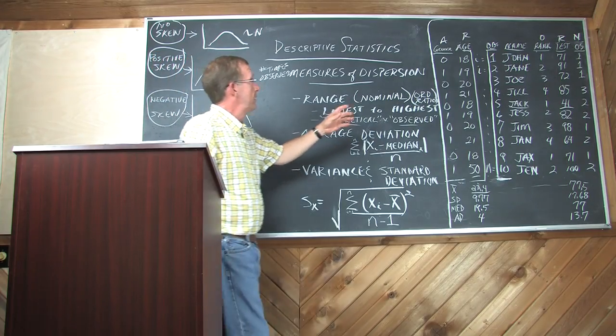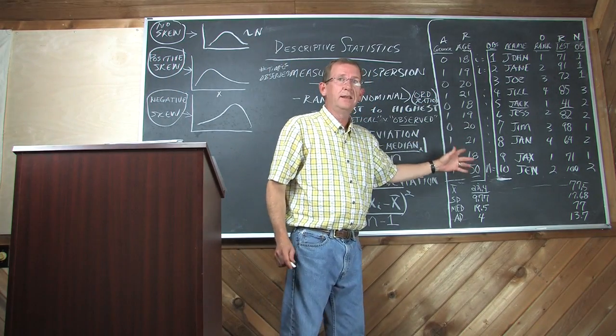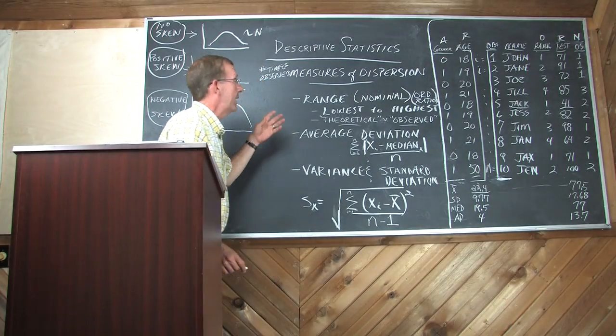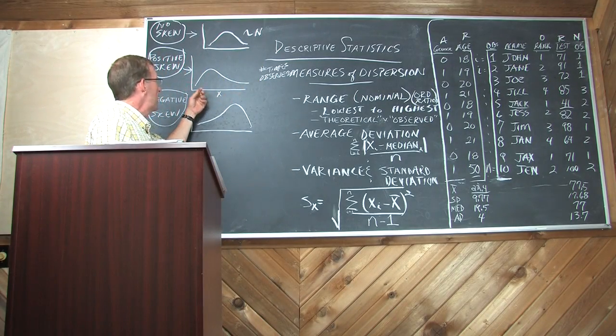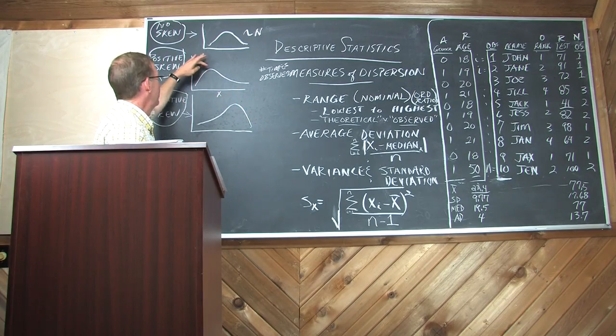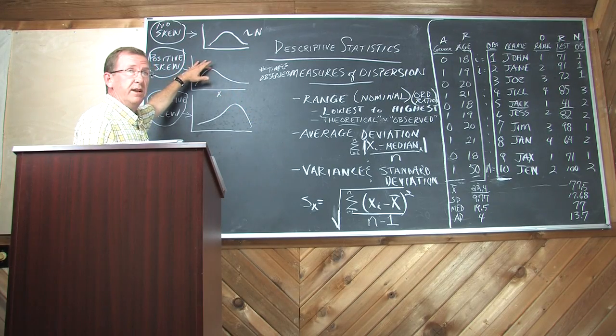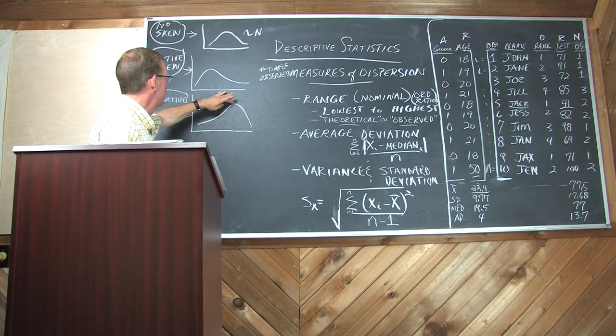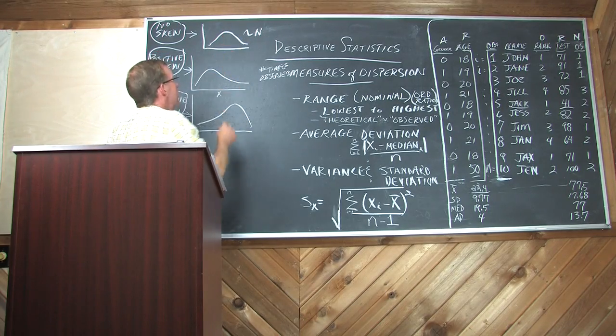So if this were age, now I'm probably not dealing with 17 to 21 year olds, but 18 to 21 year olds. Let's say 18 to 75, and thousands of observations. Obviously, observations are gathering up here, here, and here at the peak.